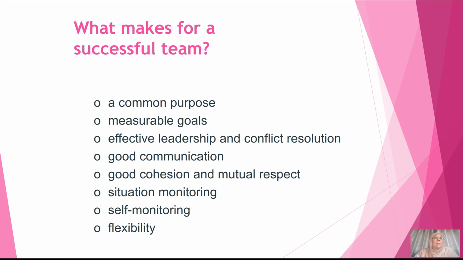Effective leadership is very important, and conflict resolution as well, because within a team you might have different opinions and different ways of looking at things, so this has to be resolved. Good communication is at the heart of every well-functioning team, as well as good cohesion and mutual respect, so that every team member gets respect for their role within the team.